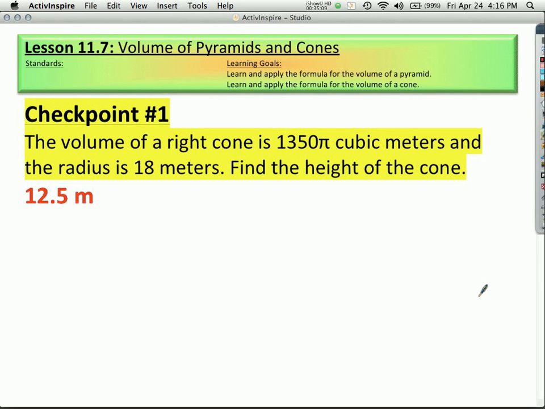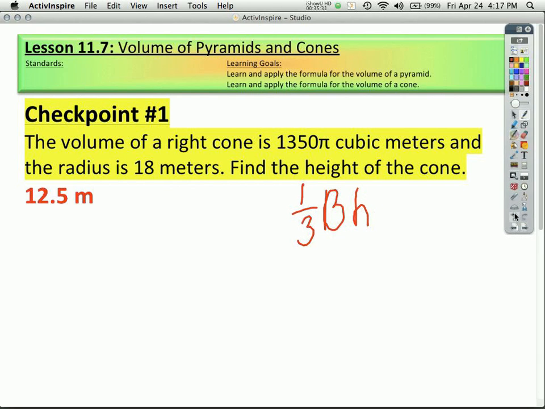So there were a few different approaches. I'm going to share with you what I did. I set up an equation, and this time instead of big B, I actually put in the formula for a circle because this is a cone. So we know that it's 1/3 big B times h.